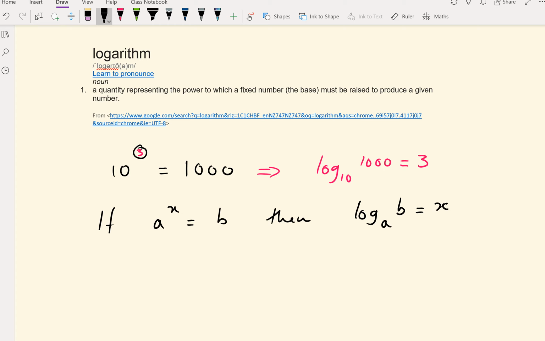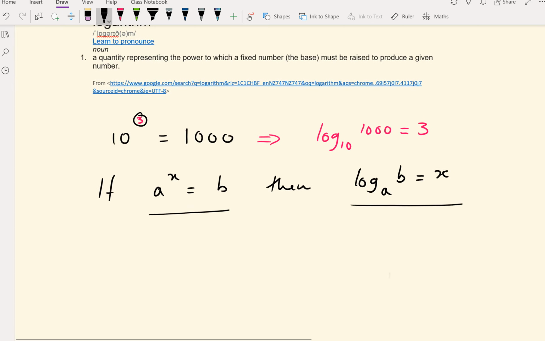And that is critical to our understanding of logs. There is a connection between an exponent form over here and a log form over here, and we're going to have to switch between these two, switch between the exponent form and the log form. So we've got to understand that these two things are connected, and when we come to look at the graphs of logs in a little while, another video shortly, you will see how these two things are connected.